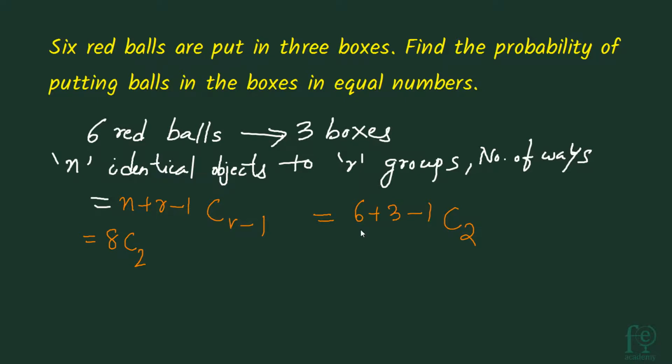All balls are red, so these are identical objects, which are to be divided into R groups. So 8C2 will be 8 into 7 divided by 1 into 2, which gives us 28. So our probability will be equal to 1 divided by 28.